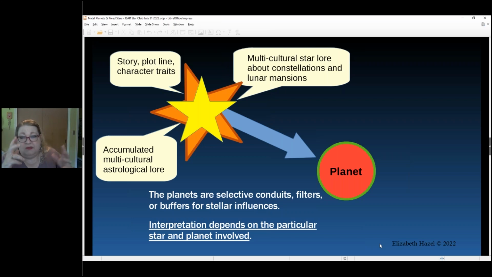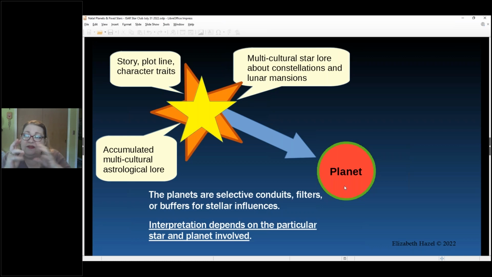And it seems to me that once something lands in a star's backpack, whether it's storyline, plot, character traits, accumulated multicultural astrological lore, or multicultural star lore about constellations and lunar mansions, once any of that lands in the backpack, it sticks. Those meanings could come up. So the planets are very selective conduits or filters or buffers for stellar influences.